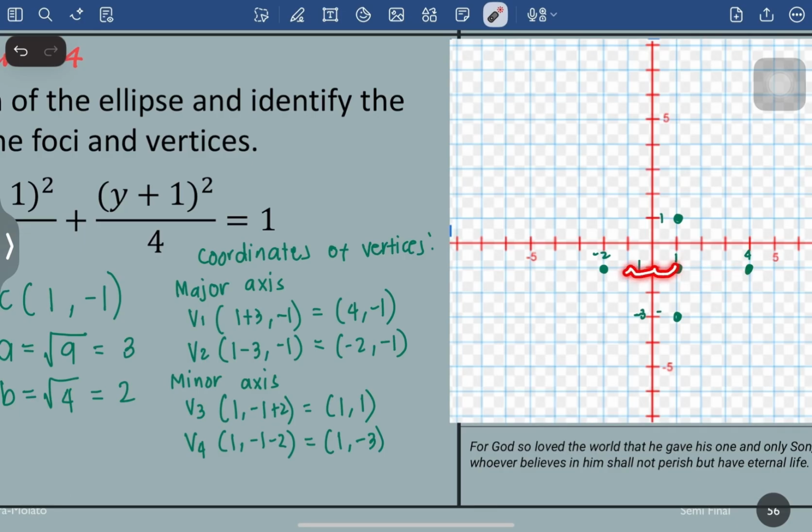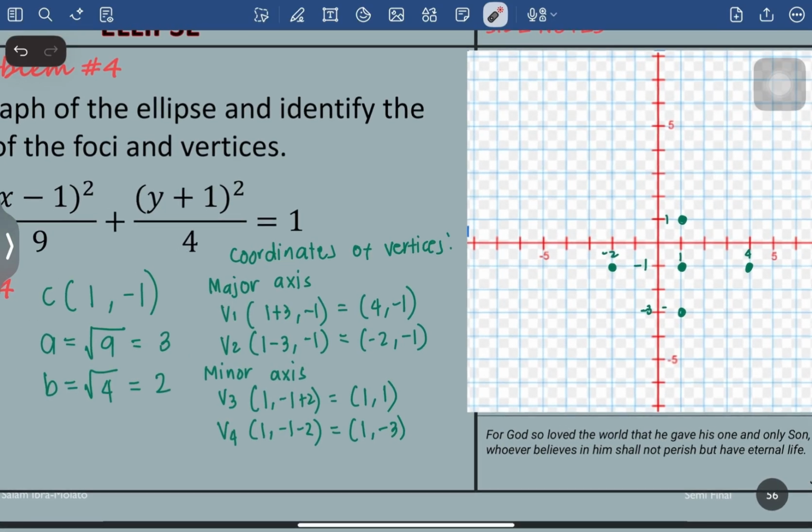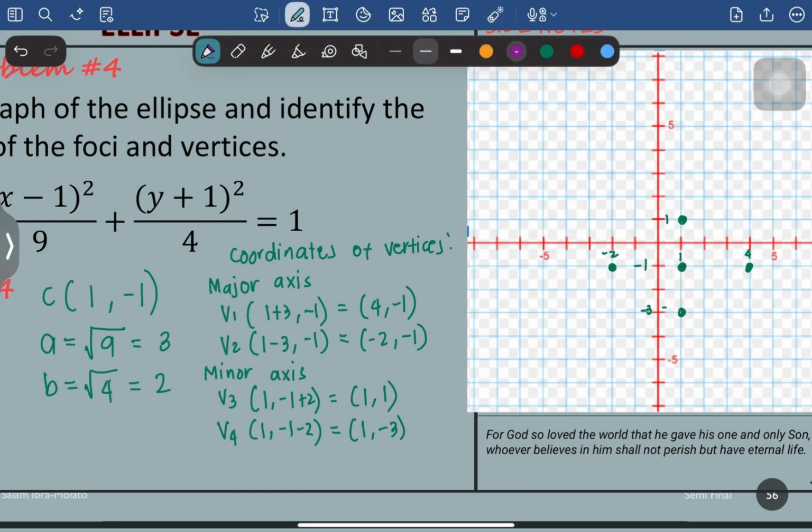Then the distance of the semi-minor axis is 2 units away from the center. So 1, 2, and the other side is also 2 units. So that is correct. So let's connect all the vertices to form the ellipse.